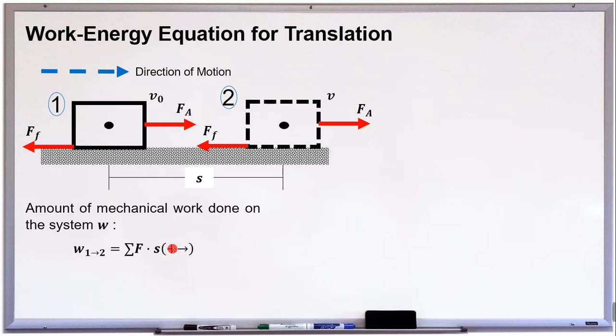As you notice, I put here some sign convention. So the force is positive if it is oriented towards the right. So the sign convention for the direction of the force indicates that the force is positive if it points towards the right.